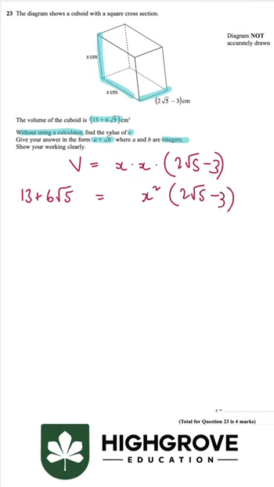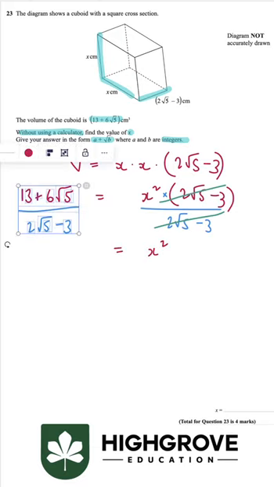So what we might try to do is to isolate this x squared. So we're going to do the opposite of multiplying by this bracket, which is dividing both sides by the contents of that bracket. That's going to cancel out this multiply here, leaving us on the right hand side with x squared equals this.